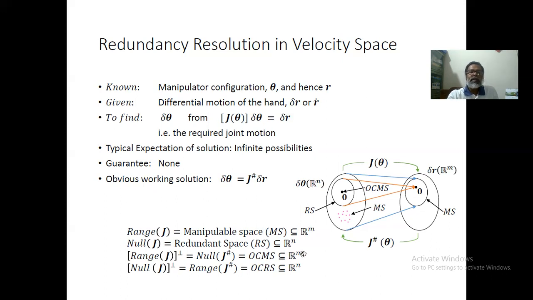So basically, these are orthogonal decompositions. The domain can be orthogonally decomposed into RS, which maps to 0, and OCRS, which gives you proper delta R motions. The task space motions have two orthogonal components: one in the manipulable space, those motions which are possible, and one in the orthogonal complement of the manipulable space, those motions which are not possible.